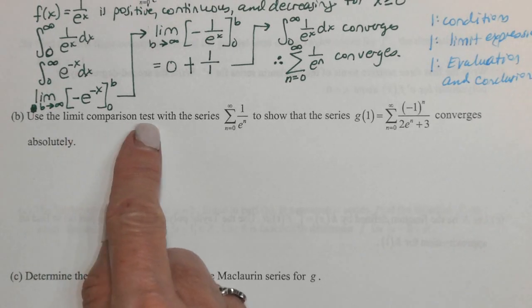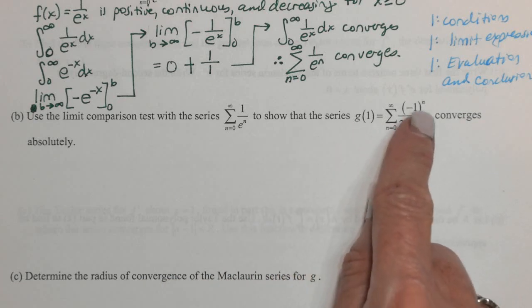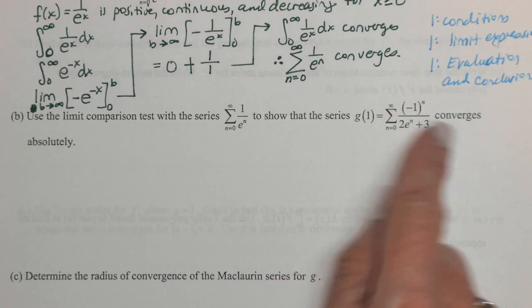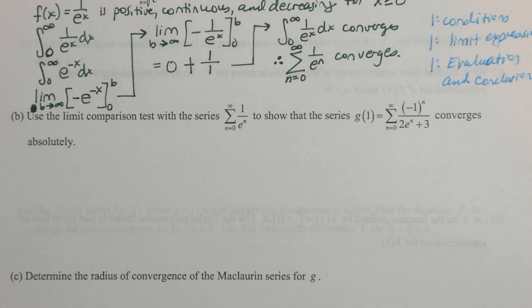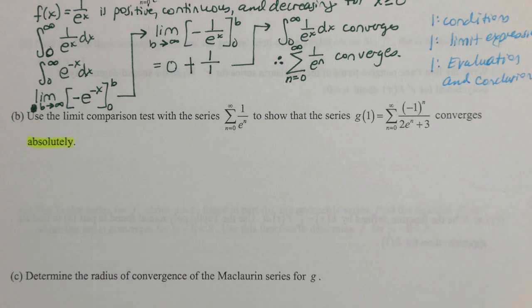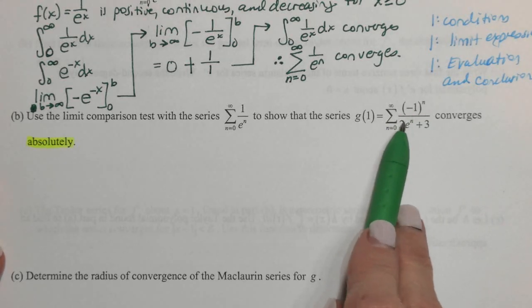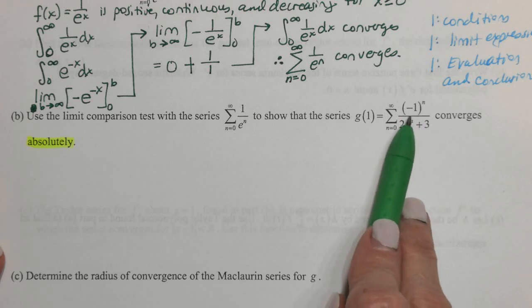Okay, part B. Use the limit comparison test with this series to show that this series converges absolutely. Converges absolutely. All right, well, for absolute convergence, I need to show that even without alternating, this thing converges, even without alternating.